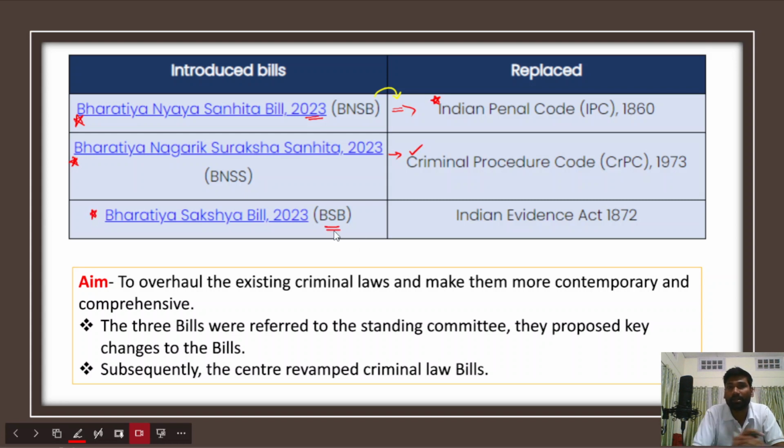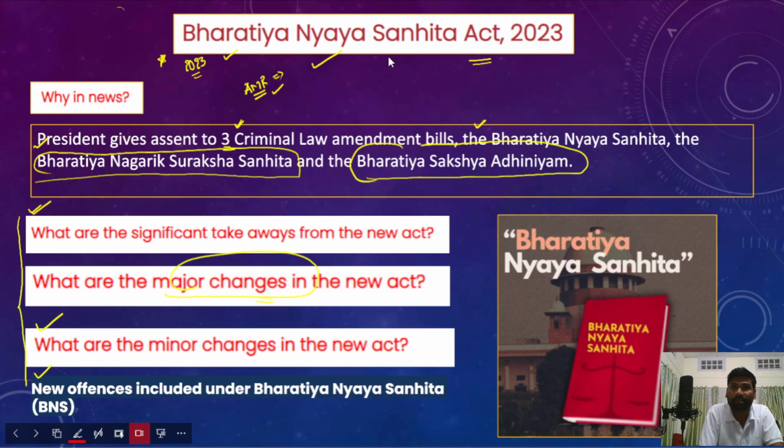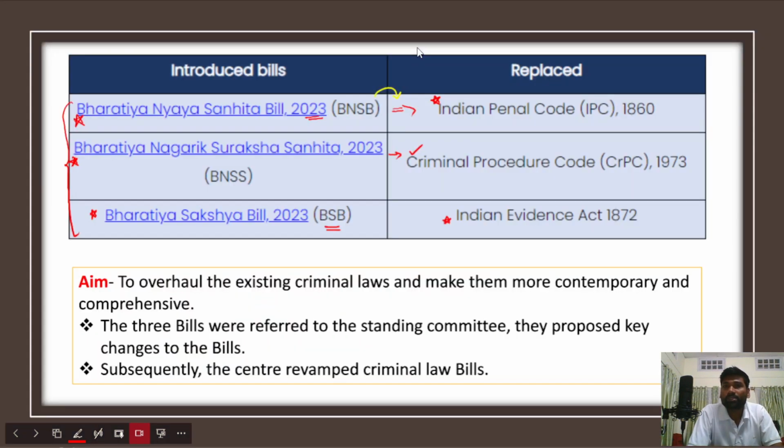So this replaces the Indian Evidence Act of 1872, and these are the three bills which are introduced as part of the Bharatiya Nyaya Sanhita Act. Now, in this context, we have to understand the basic objective of introducing such bills. So, what is the objective of introducing such bills? So, the main objective is to overhaul the existing criminal laws.